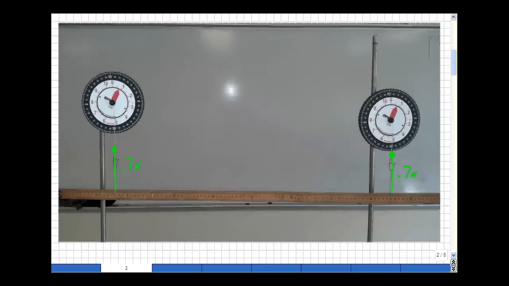Now, because of translational static equilibrium, we know that this thing is at rest. We know that the sum of the forces in the upward direction, a total of 1.4 newtons, has to be equal to the sum of the forces in the downward direction. Must be 1.4 newtons. So we know that that has to be the weight of the meter stick.